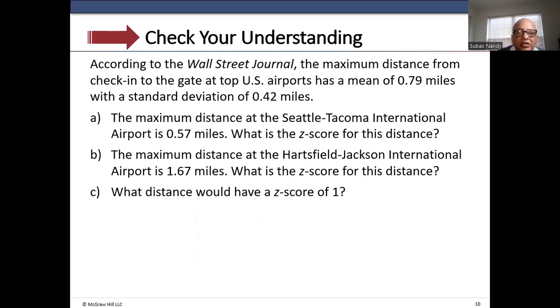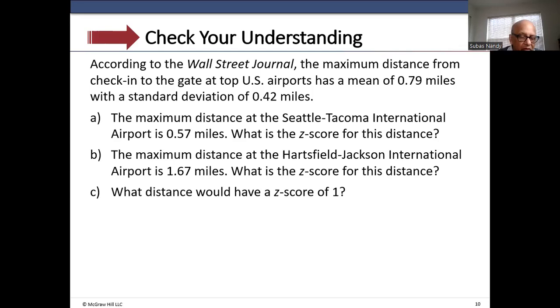According to the Wall Street Journal, the maximum distance from check-in to the gate at the top US airports has a mean of 0.79 miles and a standard deviation of 0.42 miles. The maximum distance at Seattle-Tacoma airport is 0.57.